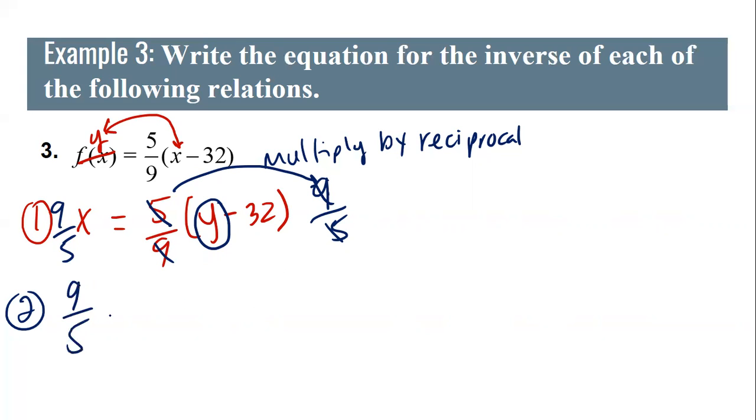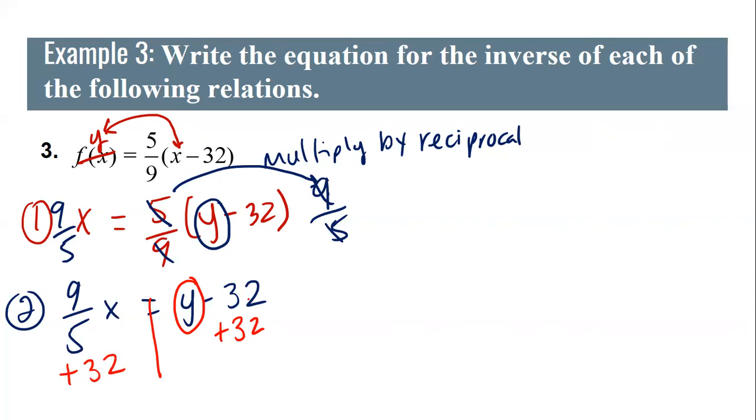So we're left with 9/5 x equals y minus 32. So what's the last thing to do to get y by itself? Add 32. And what I do to one side, I do to the other. So y is now by itself.